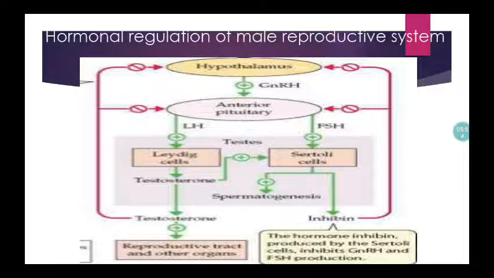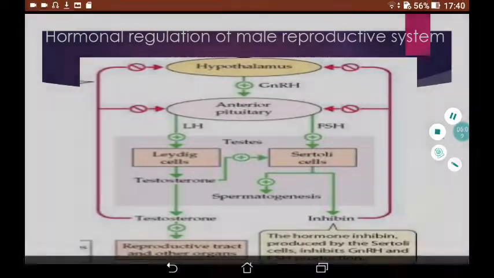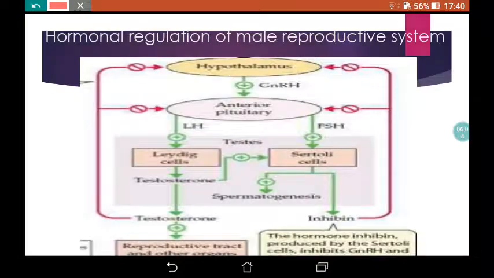So during control of the gonads, the hypothalamus produces gonadotropin releasing hormone. This gonadotropin releasing hormone now stimulates the anterior pituitary. This is the anterior pituitary. Now the anterior pituitary under the influence of GnRH releases two types of gonadotropin, LH.